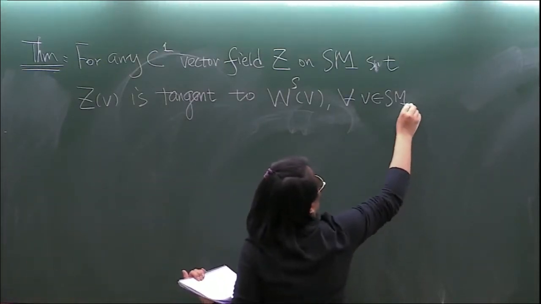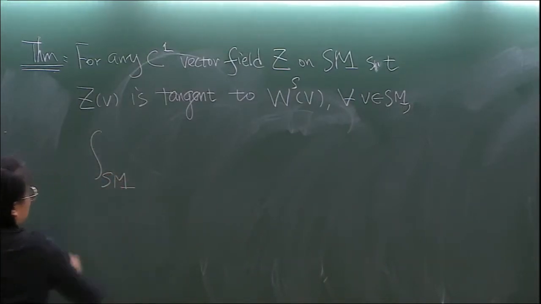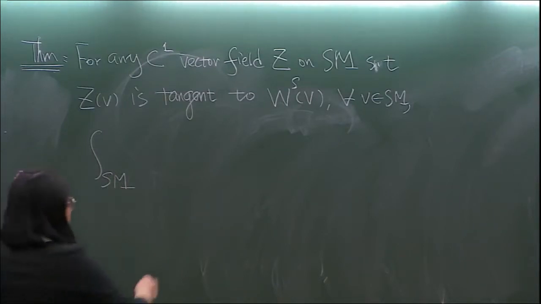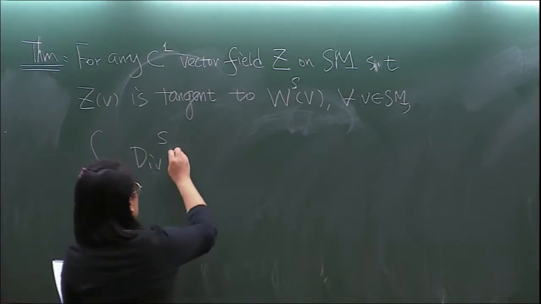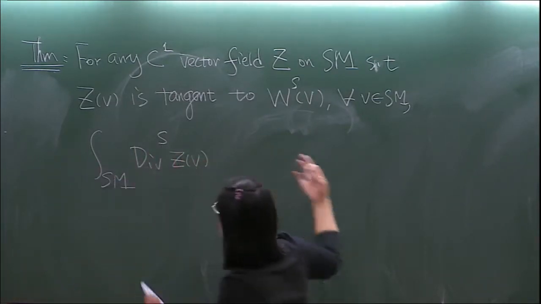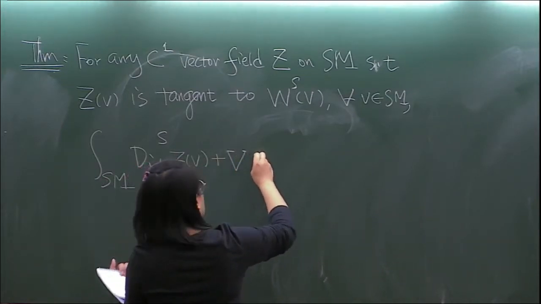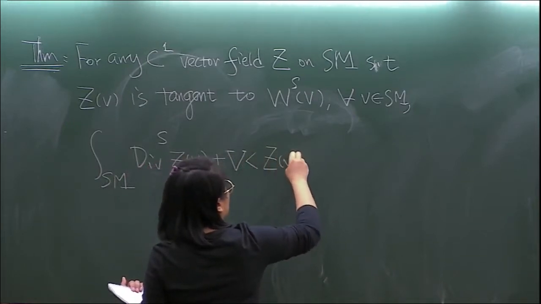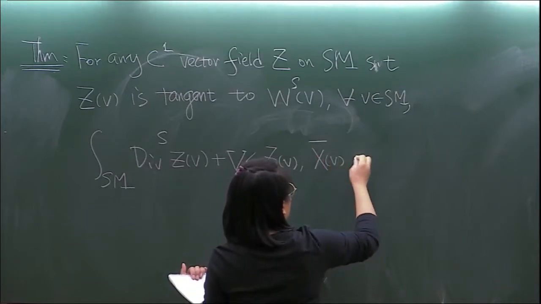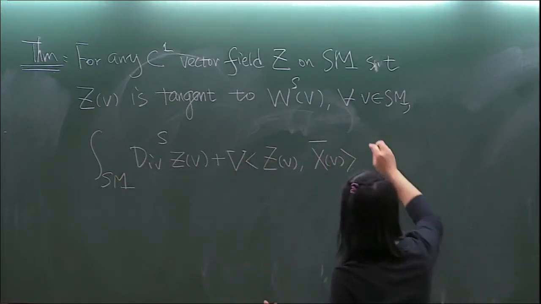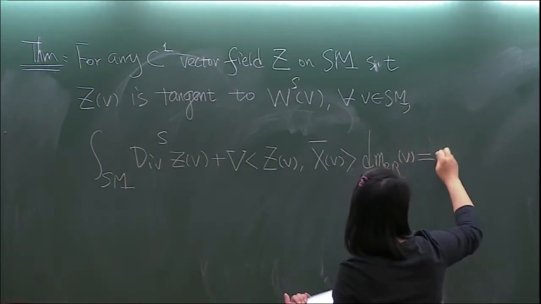for any such vector field, actually you will have this identity, which says if you take the leafwise divergence of this Z along the weak stable direction, plus the volume entropy v times the inner product of this Z with the X, this guy, dMBR(v), this should be 0.